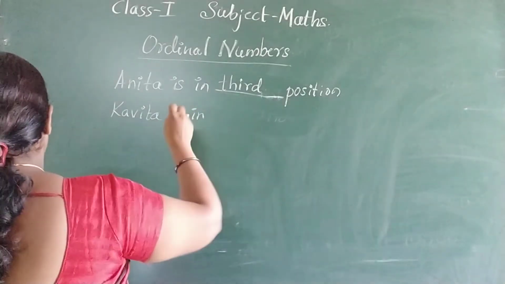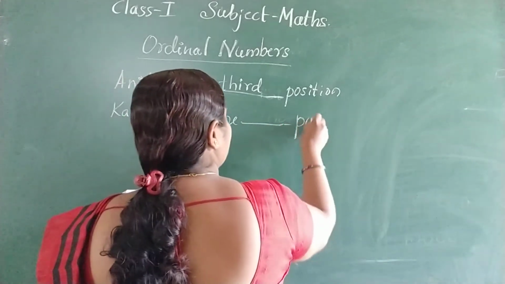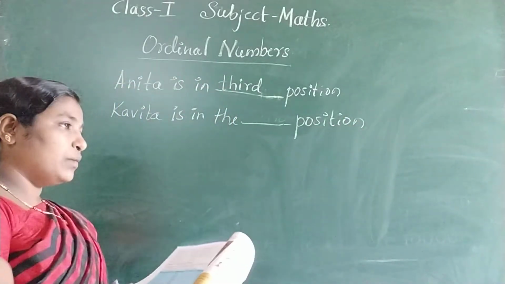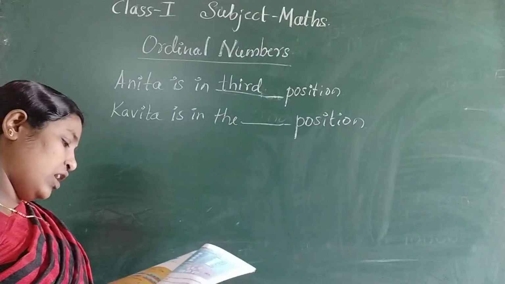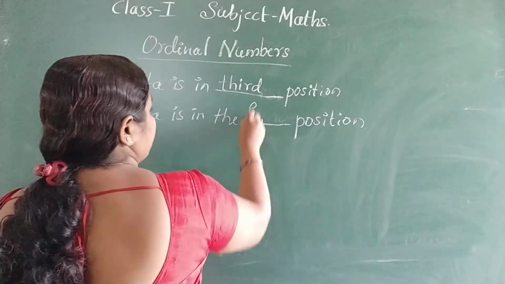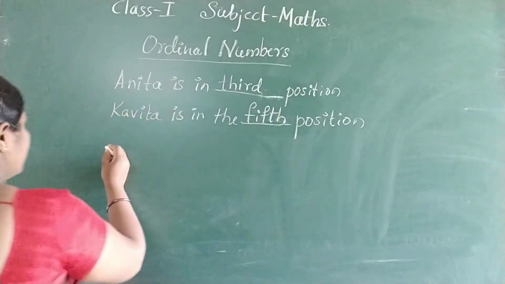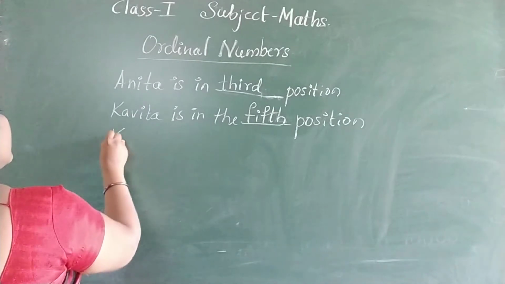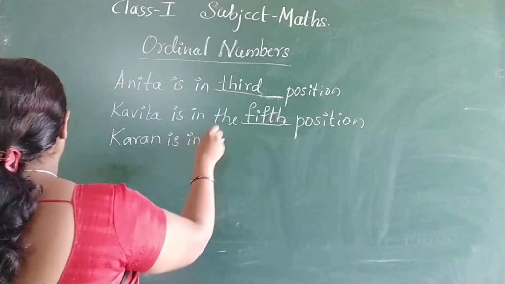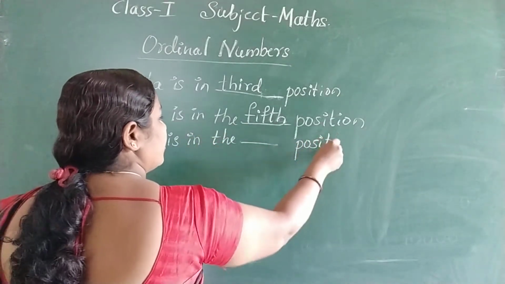Next, Kavita. Kavita is in the dash position. Just look at the picture. Where is Kavita? Kavita is in 5th place. F-I-F-T-H, 5th position. Then Karan. Karan is in the dash position.